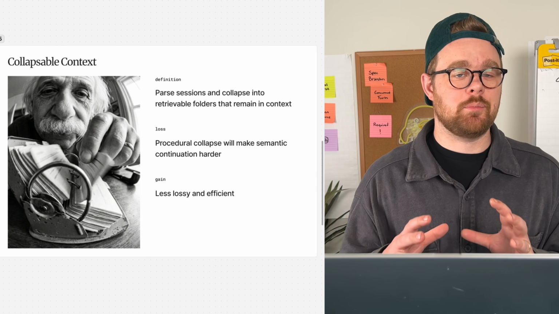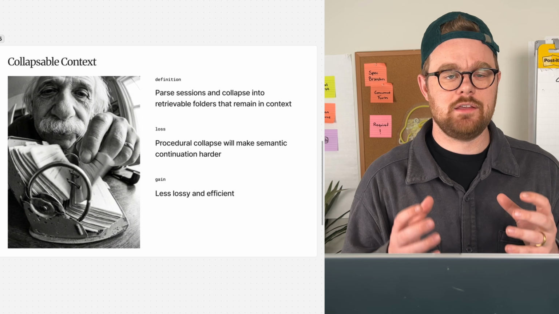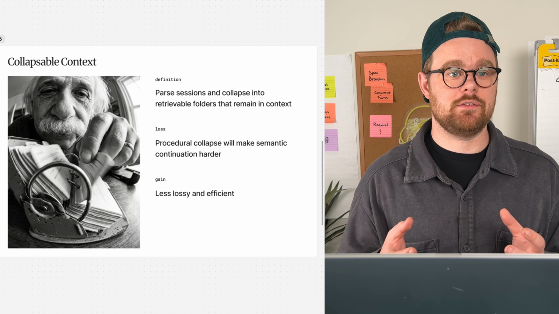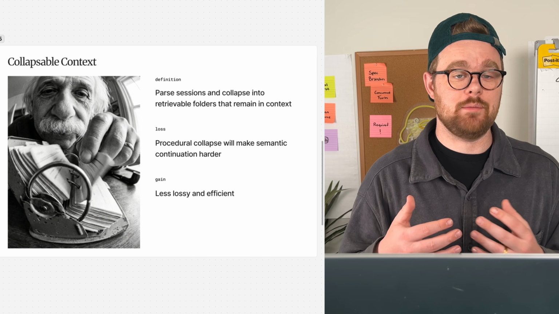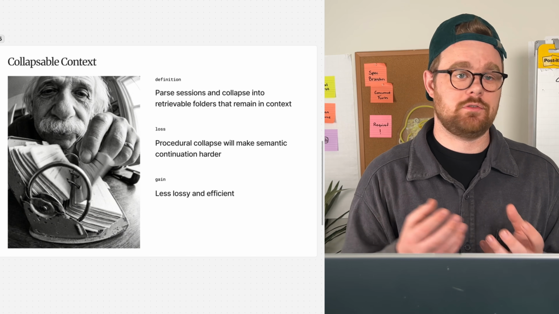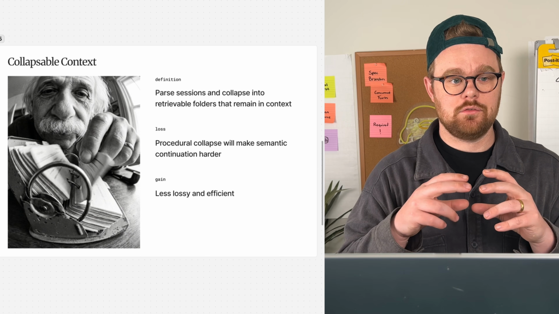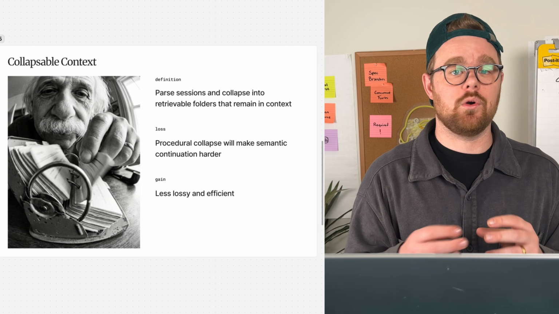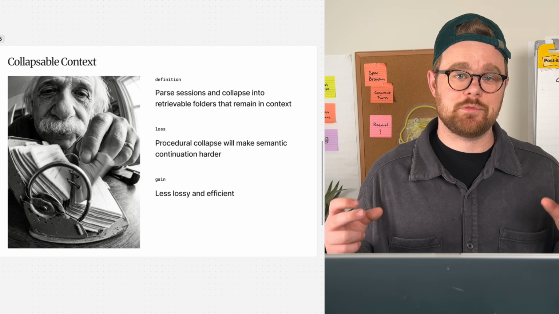Then you have collapsable context, which is actually kind of one of my favorites because it takes context over time, usually structured outputs, things that are easy to collapse into groups or into types. You're able to collapse similar parts of the session log into a smaller, reviewable, retrievable file it's saved to, or maybe a hint at what tool call to go retrieve that collapsed context.